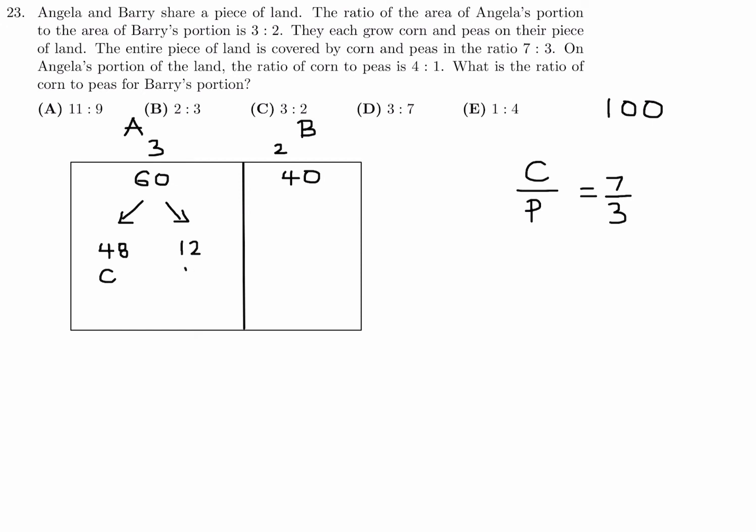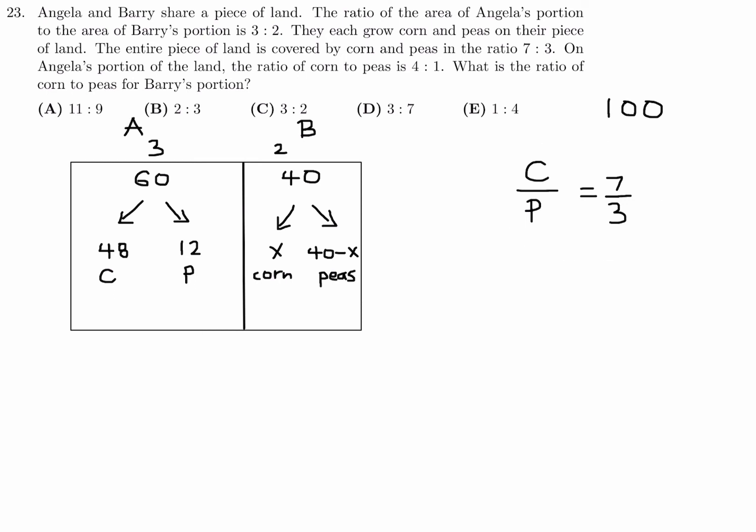So that's 12. And then Barry's portion, that is what we actually have to figure out. So we don't know. I'll just call it X for corn. And then for peas, it will be 40 minus X. Whatever's remaining will be peas. Correct? And now is when we look at that total.